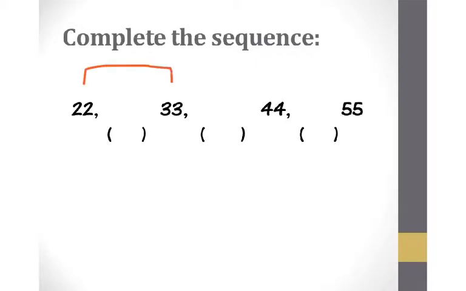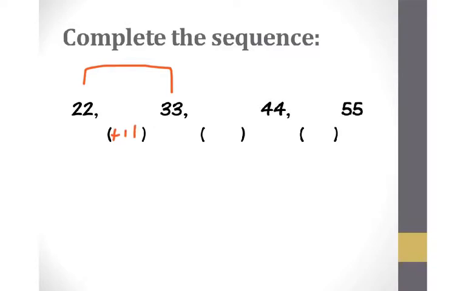What has happened? We know it has increased, and we know if we add 10 onto 22, we get 32, and we just need to add one more on, so we get 33. So the difference between 22 and 33 here is plus 11.